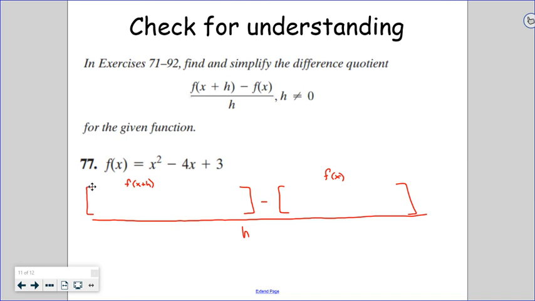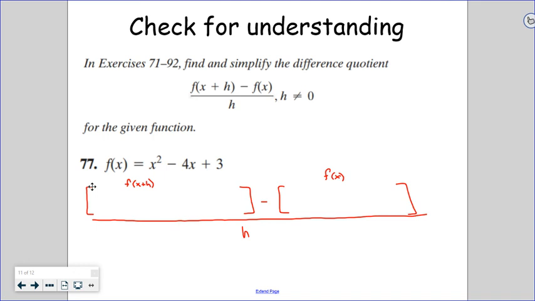Absolutely. What'd you get? Yes, you're doing it. I feel like you're missing a number though. What number are you missing? You lost some term.